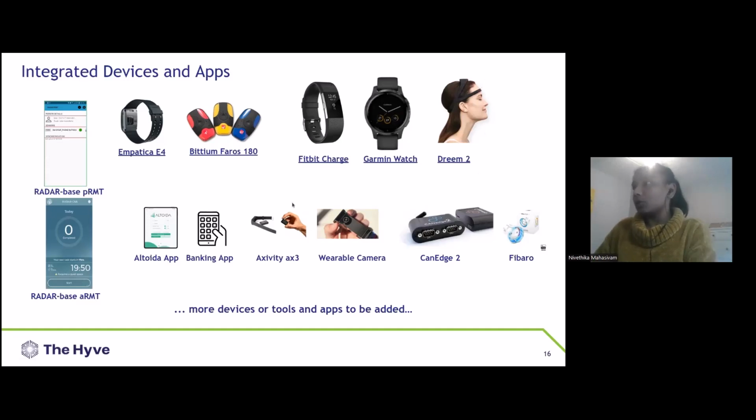And at the bottom, these are devices that we have integrated for a study for Alzheimer's disease, which you would use to measure cognitive function. For example, the banking app, where you will receive some transactional task or banking task, and based on that they would be able to decide how well your cognitive function is.